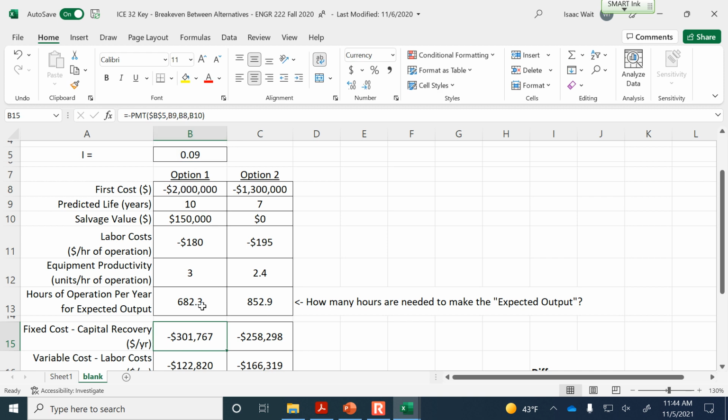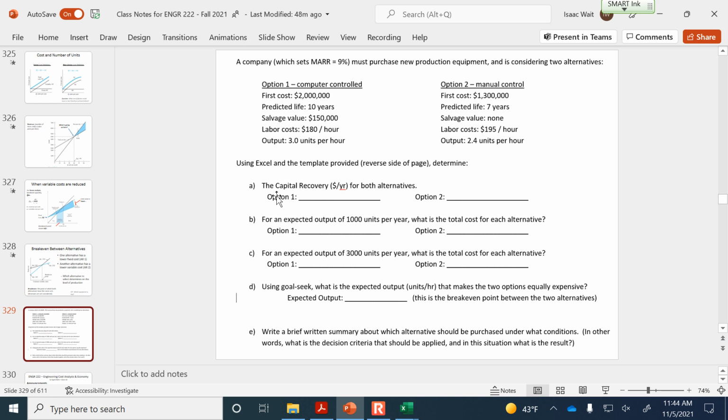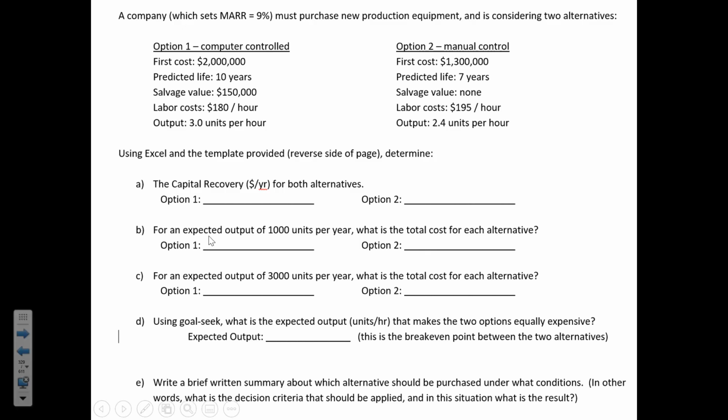And so what that means is that each year my capital recovery is $301,000 for option 1. Option 2 is a little bit lower because it's cheaper equipment, even though it doesn't last as long, because of that lower initial purchase price. Option 2 has a lower capital recovery. All right, so we've done the capital recovery for both of these alternatives. Now this is saying for an expected output of 1,000 units per year, what's the total cost for each?